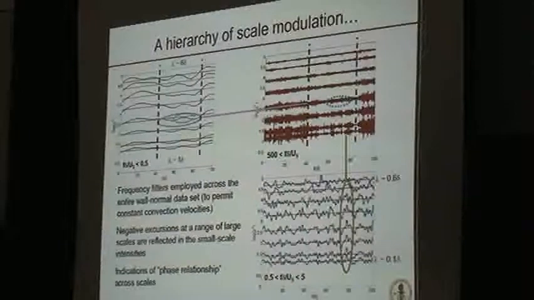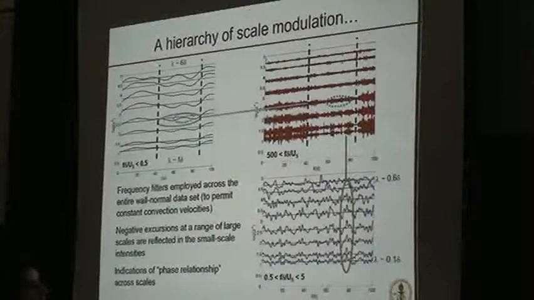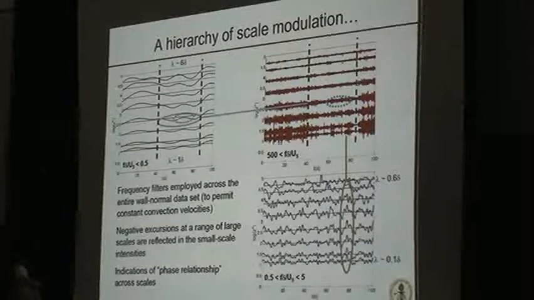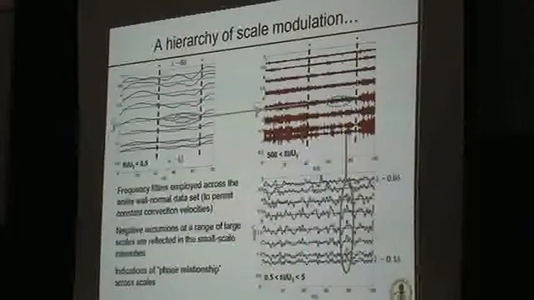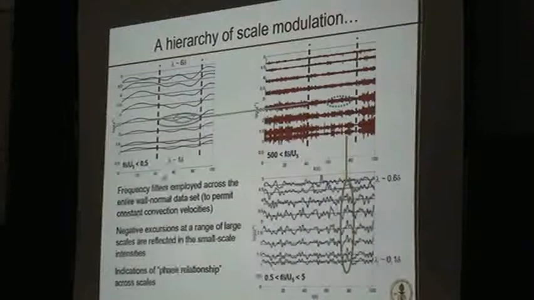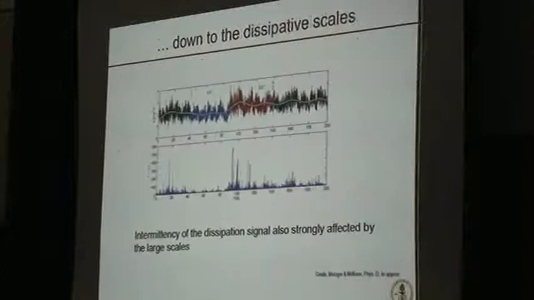But you can also do the same thing by looking at this bandpass signal, and you can see there's a positive excursion here that extends at least some way from the wall, and you can see its effect modulating that signal as well. So this modulation effect occurs across many scales. It's very strongly associated with this very large scale motion, this second peak in the spectrum that I showed you before.